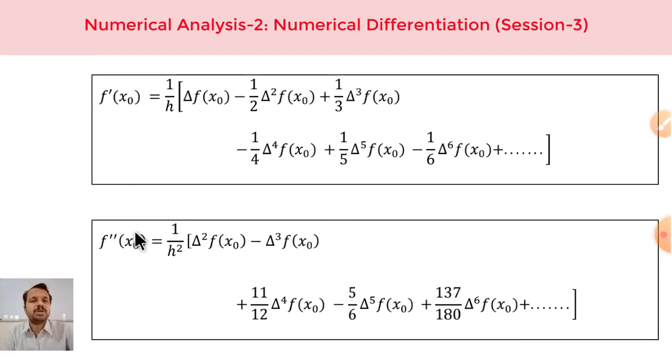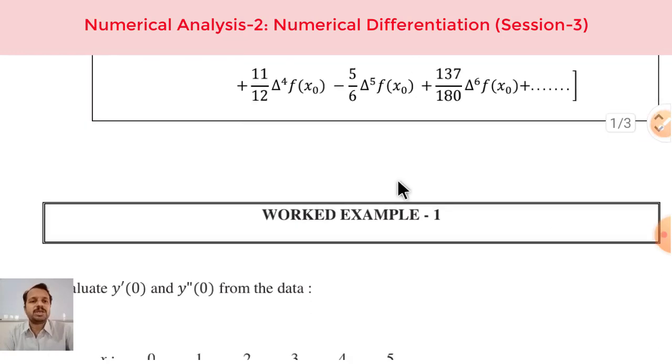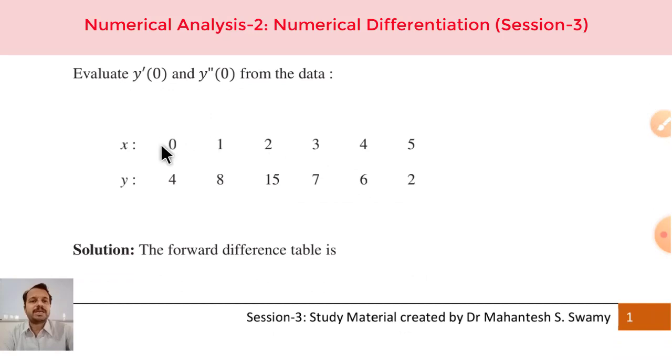X naught is 0. We have in this table, from this table, x naught is 0 and x1 is 1, x2 is 2, x3 is 3, x4 is 4, x5 is 5, and corresponding to them y0 is 4, or f of x0, f of x1, f of x2, like that.